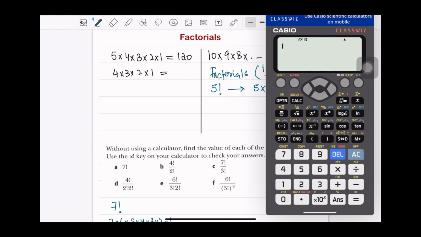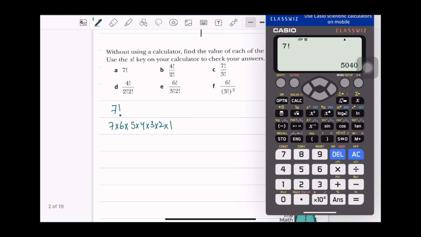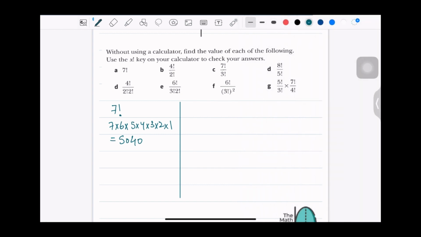Everything in yellow responds to the shift button. It gives you the answer straight away, although the question clearly mentions that you're not supposed to use calculators, but we're just solving it for the sake of the video. So 5040.